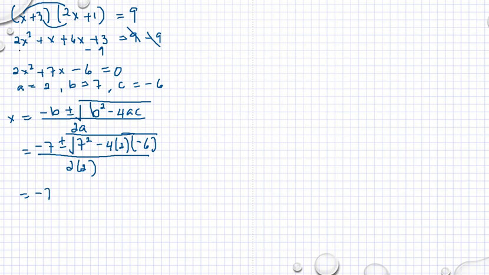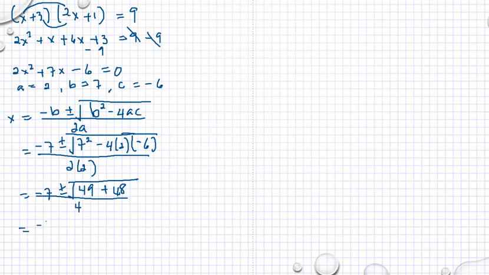Then we have negative 7 plus minus the square root of 49 plus, what will be this one? 8 times 6, 48, divided by 4.